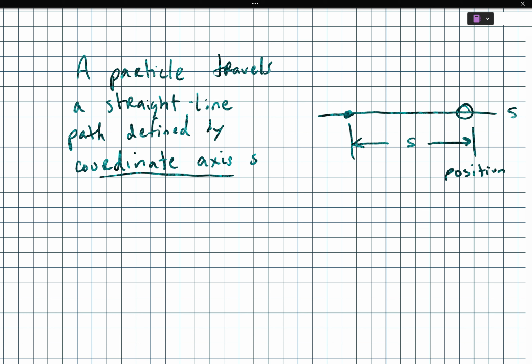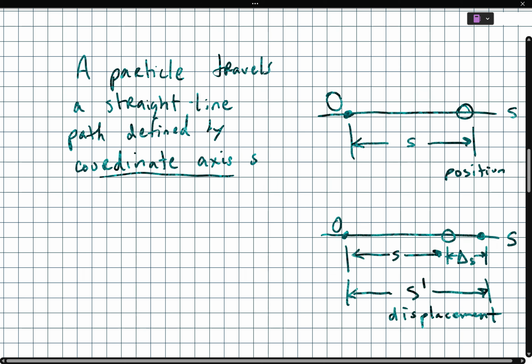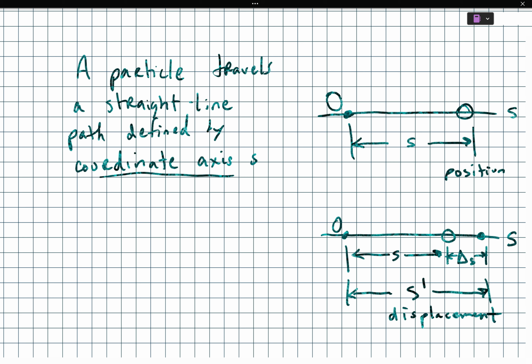The position of the particle at any instant relative to the origin, which we'll call O down here to the left, is defined by the position vector r, or the scalar s. Scalar s can be positive or negative. Typical units for our position vector r and the scalar s are meters or feet.